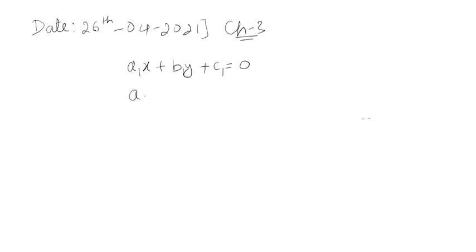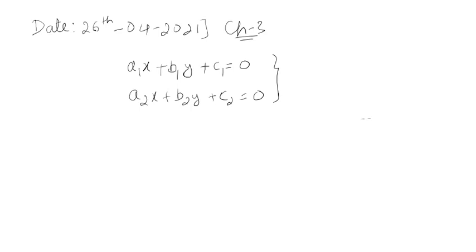And the second equation will be a2x plus b2y plus c2 is equal to 0. So these are two equations, because we have two linear equations. This chapter started with a pair of linear equations, so we'll always get two linear equations.